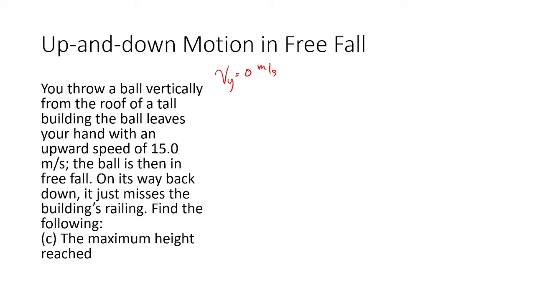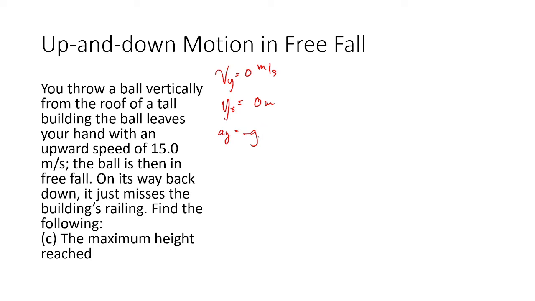Okay? And we also have Y naught, or initial position natin, which is 0 meters. Also, our gravity is constant, which is actually equal to negative g. Bakit negative g? Because it is moving downwards.